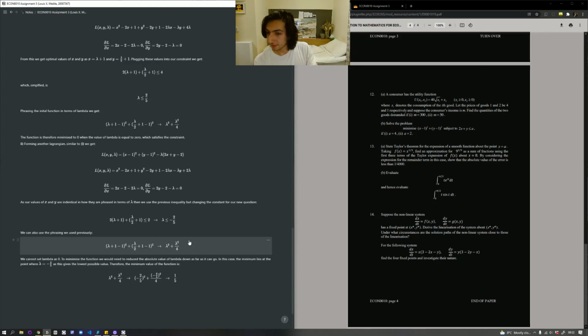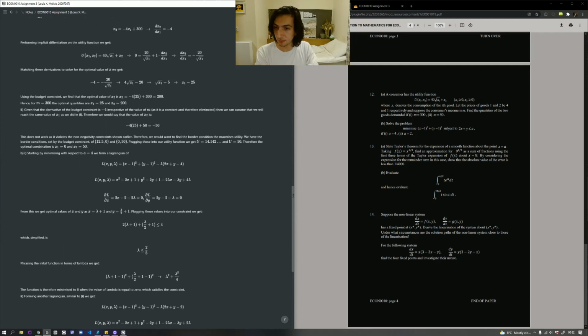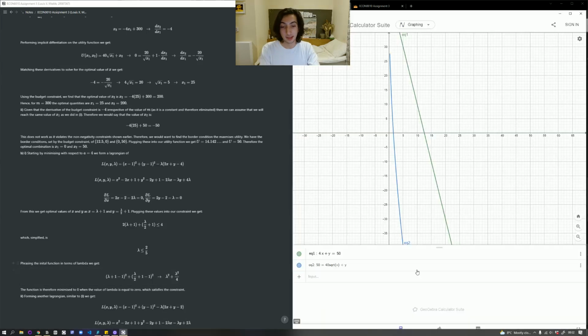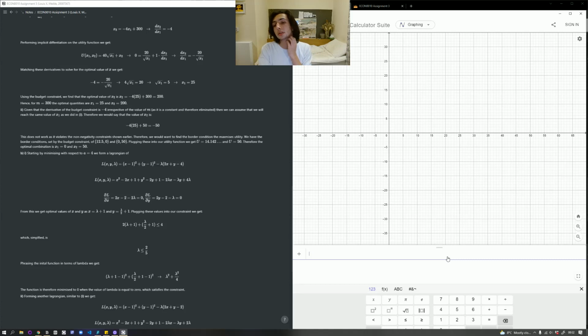To give you guys a bit more of an innate understanding of how this works, let me bring up GeoGebra again. Here it is again. So we have x minus 1 squared plus y minus 1 squared, and this is going to be equal to, what were we saying it was equal to?